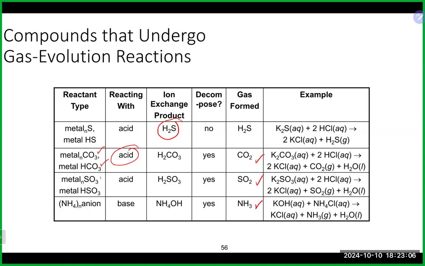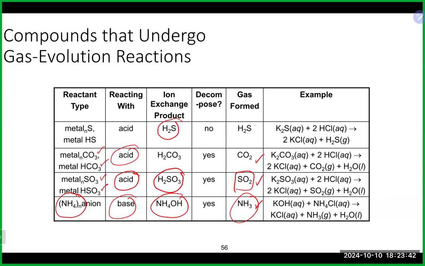Anything with sulfite or hydrogen sulfite, again reacted with an acid, will produce what we saw in the previous example, sulfurous acid, which breaks down into your SO2 gas. And lastly, ammonium, like ammonium hydroxide, reacted with a base will produce ammonia. So those are the three common routes to those gases.